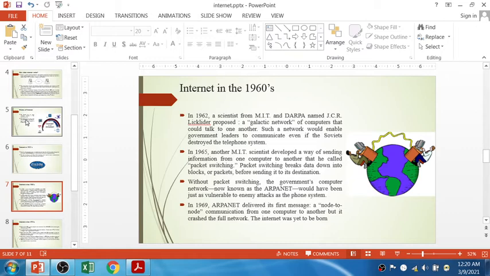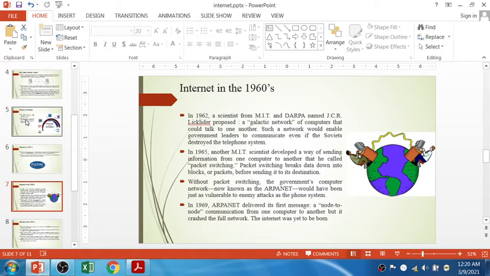In 1965, another MIT scientist developed a way of sending information from one computer to another. That's called packet switching. Basically, packet switching breaks the data into small blocks called packets before sending the information to the destination.